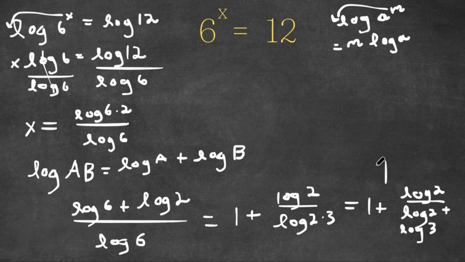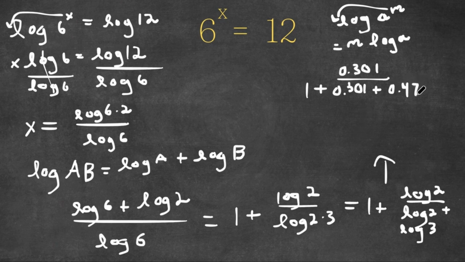Now I'm going to write the continuation up here. Log 2 is equal to approximately 0.301. Now we are dividing this by 0.301 plus log 3, which is equal to approximately 0.4771.